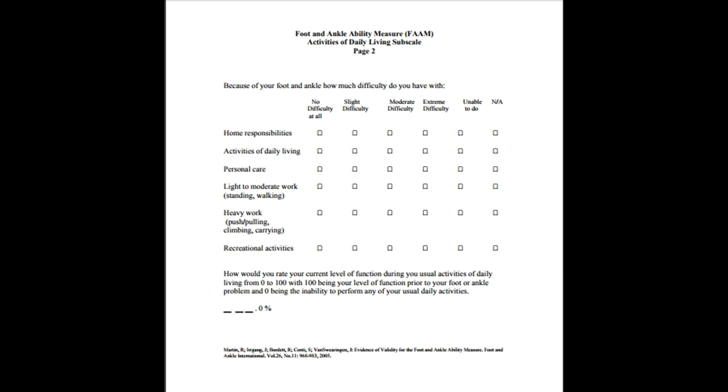It also goes into general home responsibilities and personal care. At the end, it asks the patient, how would you rate your current level of function during your usual activities of daily living from 0 to 100, and they put a percentage that they feel they are working at right now.